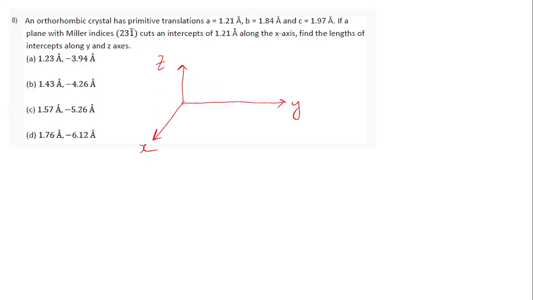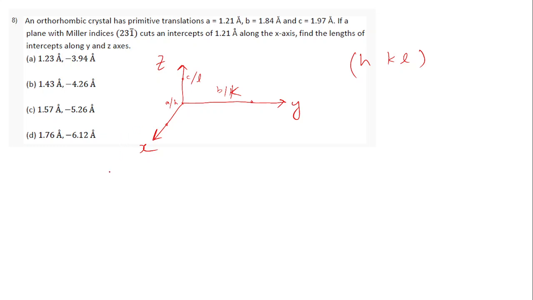When we define an HKL plane, that HKL plane intercepts the x-axis at A by h, on the y-axis it intercepts at B by k, and on the z-axis the intercept is C by L. These are the intercepts, and that is why when we take the reciprocal and put it into Miller index form we get HKL. So these are the intercepts for the HKL plane.